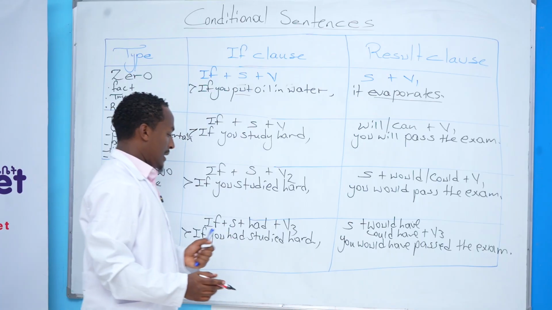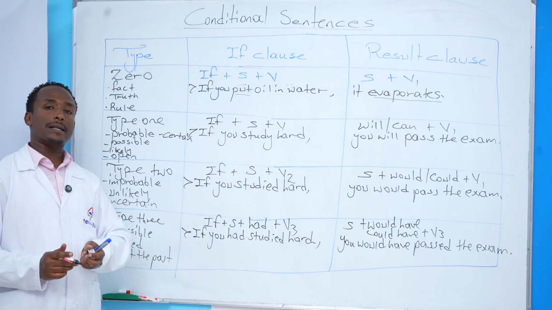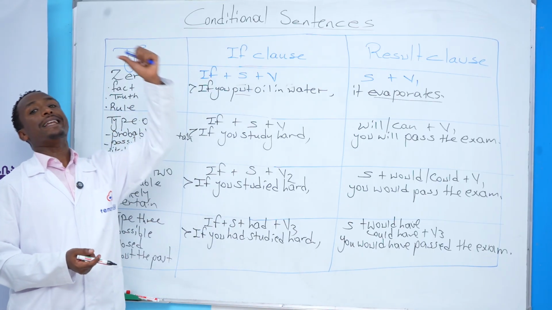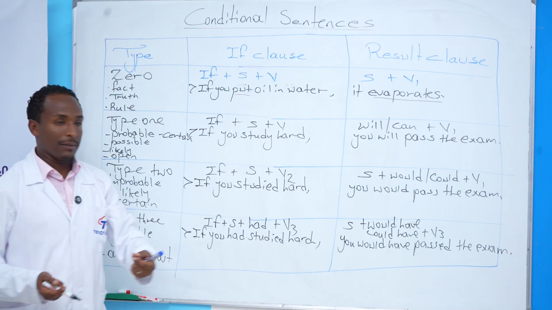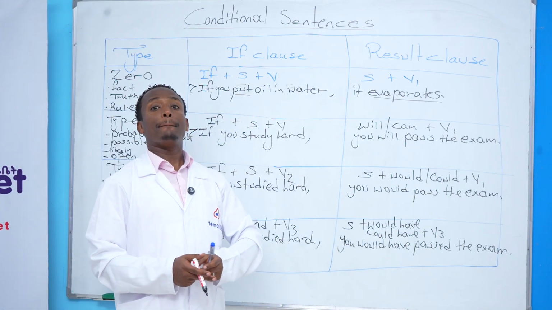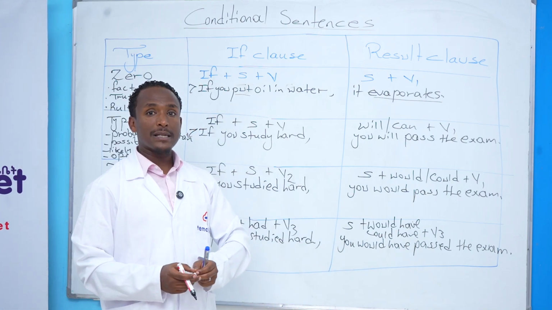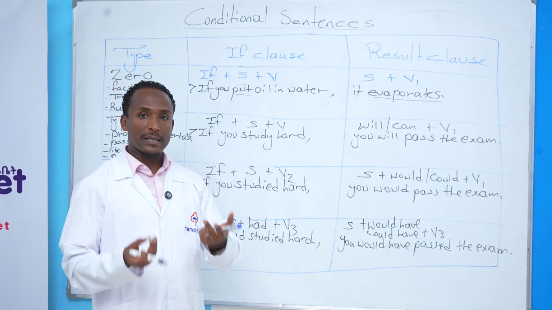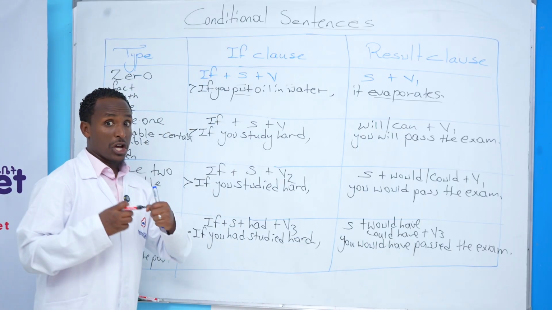Now, this sentence is talking about you didn't study in the past. At the same time, you didn't pass the exam, which is past idea, past regret. Okay, this person is regretting.